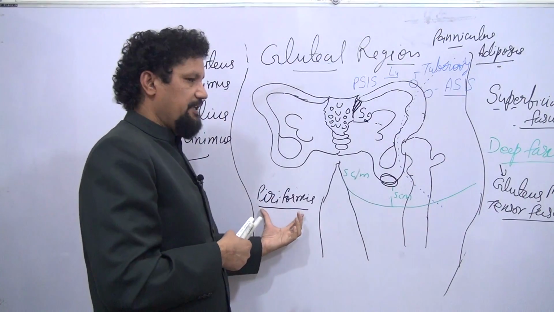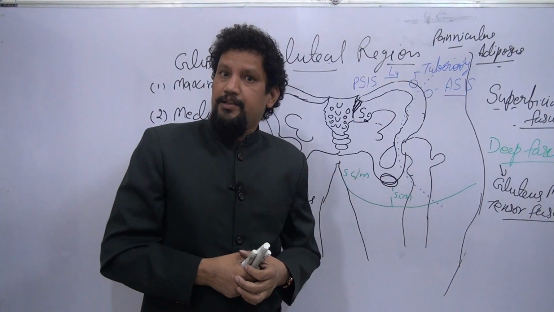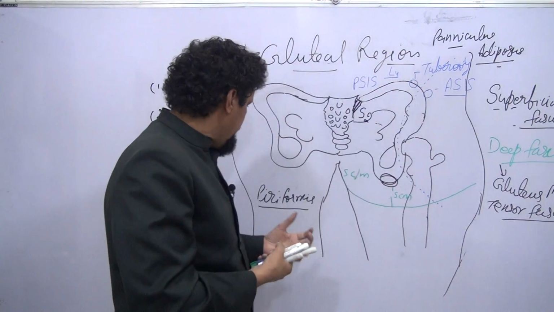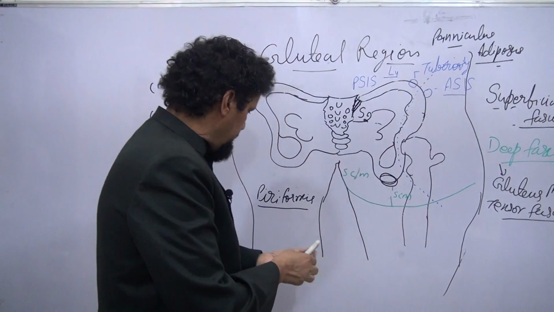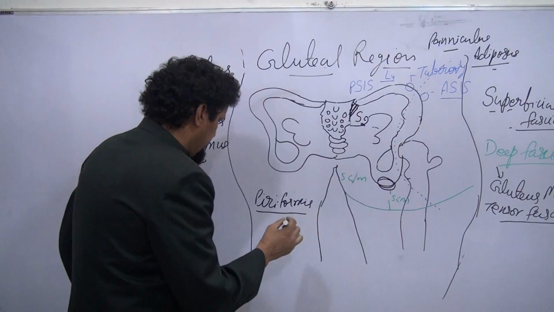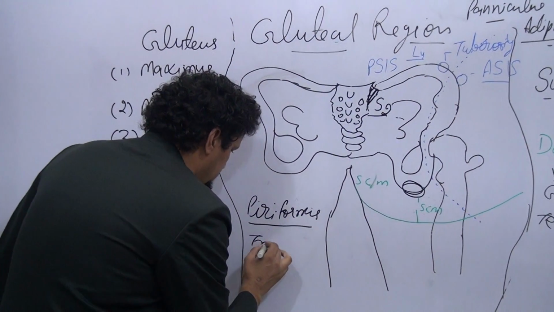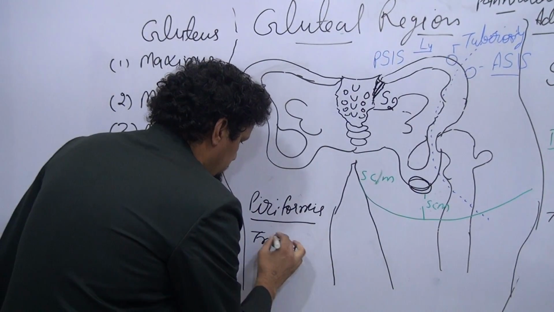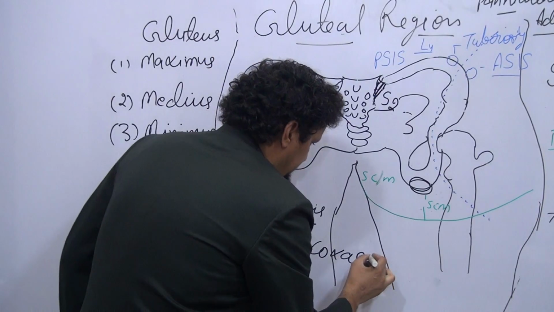And this muscle, the piriformis, is the key muscle of the gluteal region, determining the names of the vessels and nerves. So the short rotator is piriformis, the triceps coxae, which is having three muscles.